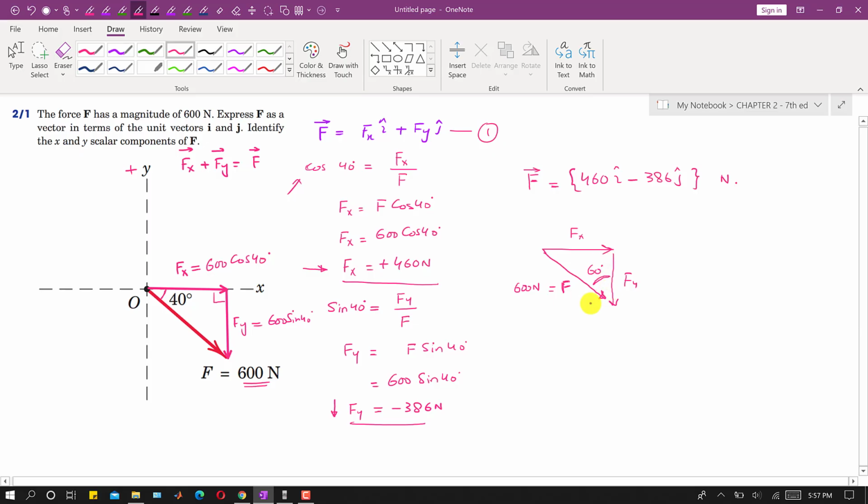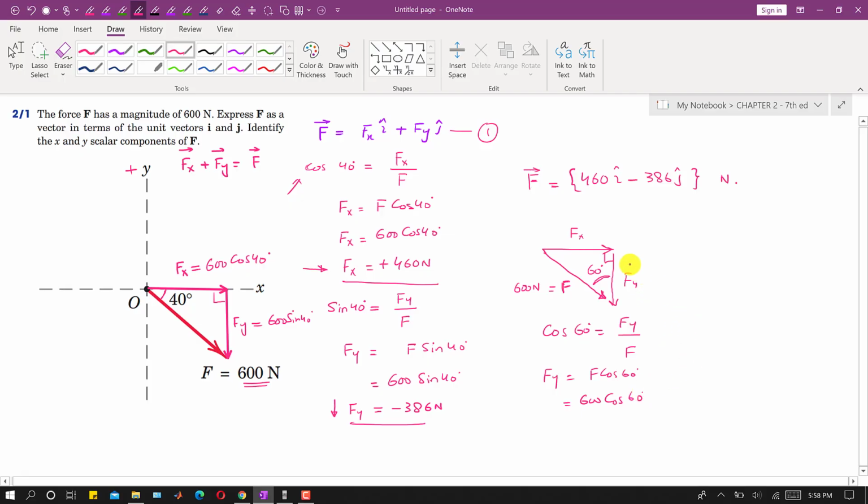Now if I apply cos of 60 to this triangle, for this angle cos of 60 is this base divided by hypotenuse. So f of y is f cos of 60, and f is 600, so 600 cos of 60 degrees.